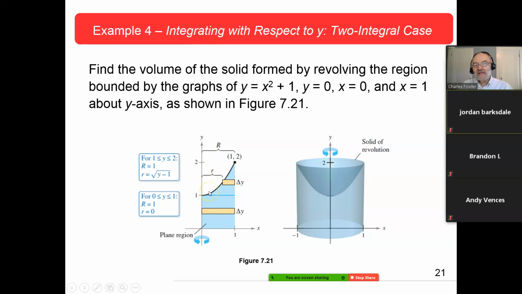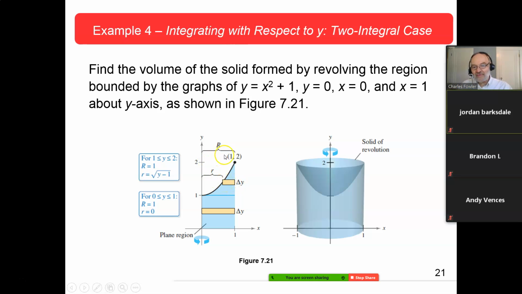Now, the reason you need two integrals is down here, that's going to give you a disk. Up here, you're going to have a washer. Okay? So you'll need the disk method down here. There is only one r that matters. Up here, you're going to have a washer method because here you have an outer and an inner.